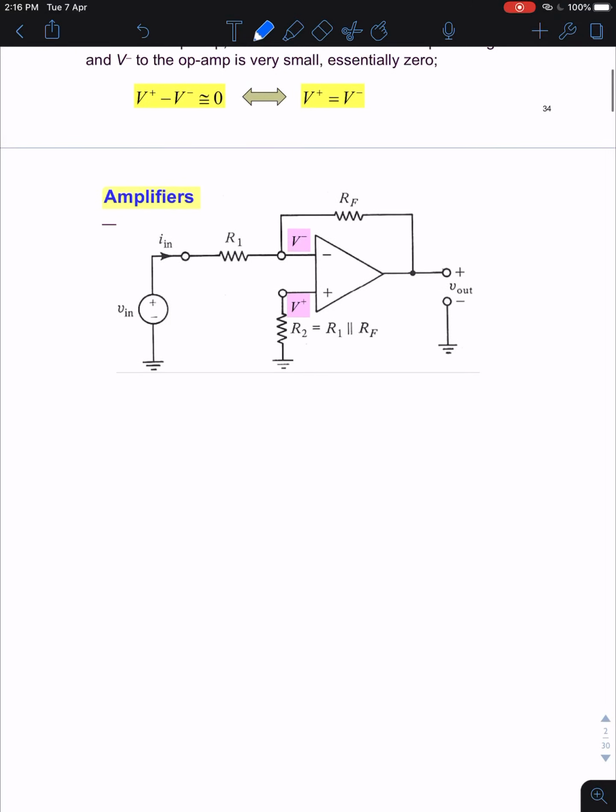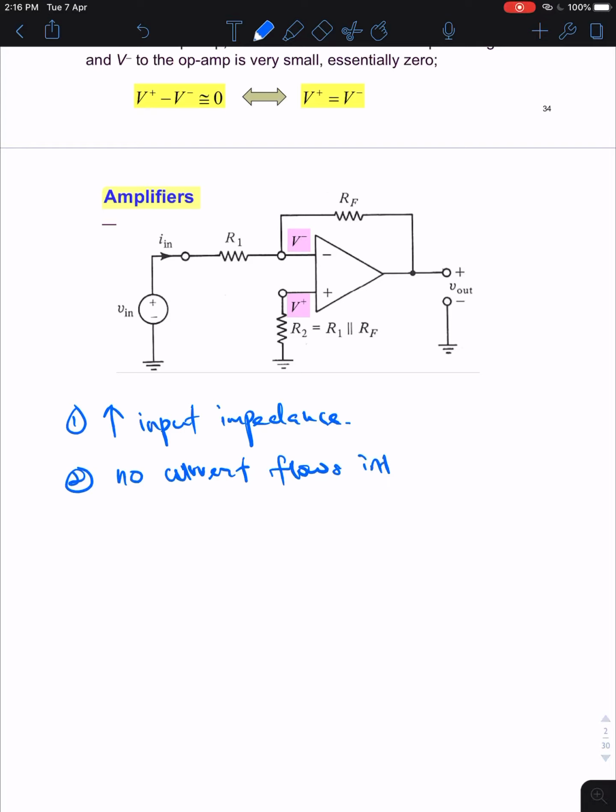The first one is that for the ideal op-amp, the input impedance is very high. So the input impedance of the op-amp is very high, so that there is no current flowing into the op-amp.